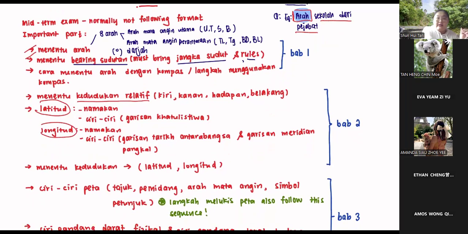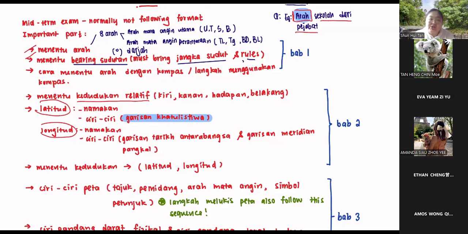Do you have any idea what latitude and longitude are? I think you do, right? Now, the first thing you need to know is their name. And second, like I highlighted for you, especially focus on garisan katulistiwa. Know it well why we have this line or what the use of this line is.